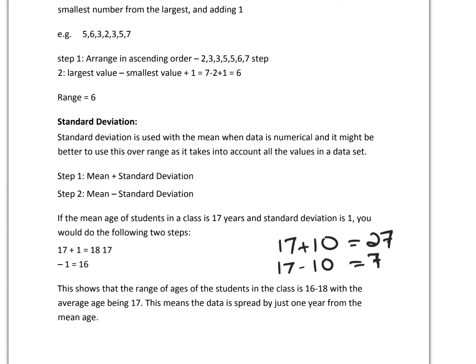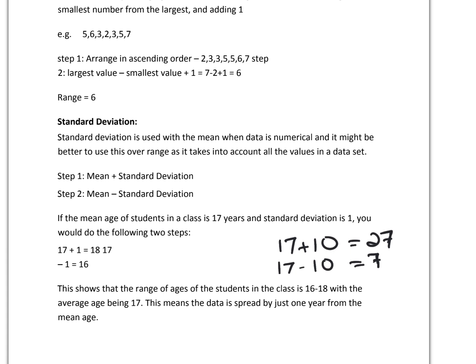So for this particular data set, we can see that there is a very wide dispersion or spread. We can expect the people in this group to be aged 7 to 27 years of age, but their average age is going to be 17 years. But now the ages of the people are not very close to the mean of 17. It's more spread out. That is basically what the standard deviation is telling you.